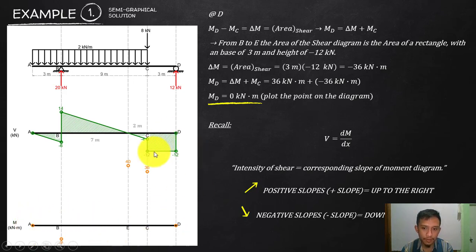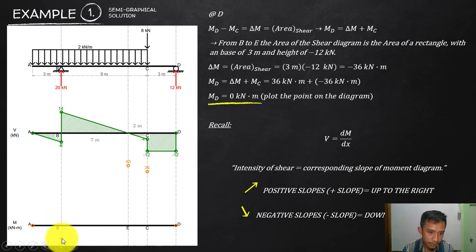So all we need to do now is connect. Recall again, slope going up is positive, going down is negative, and the slope of the moment diagram is the value of the shear. So the slope at that point is 0, so we have here a straight line. The slope there is -6, so it is a line going down.